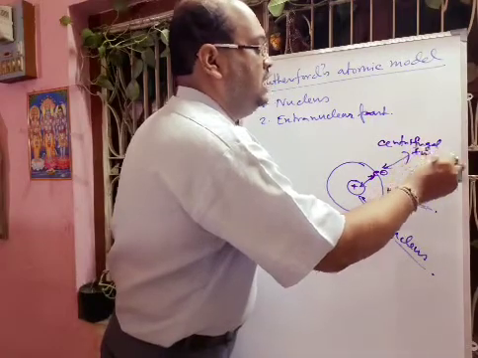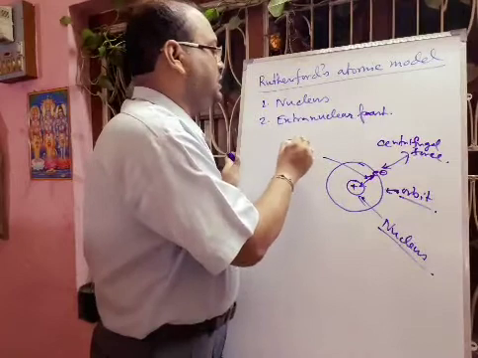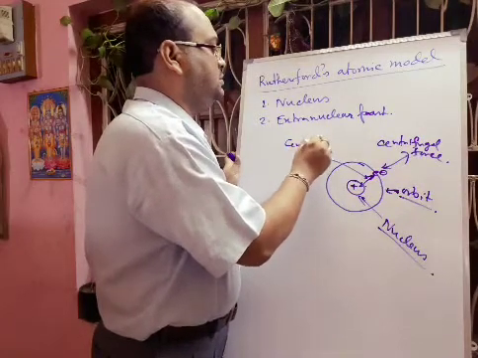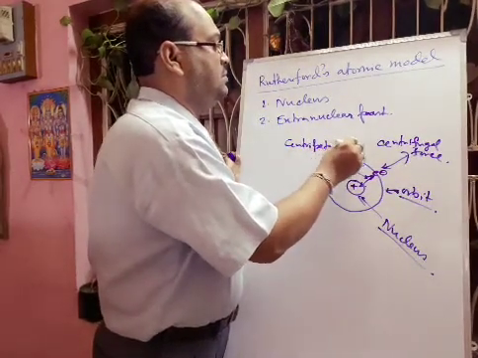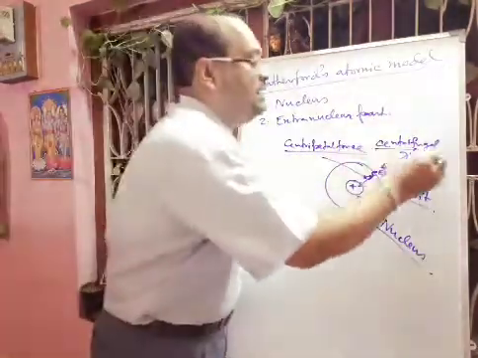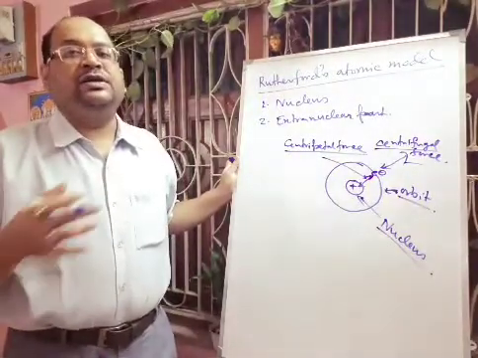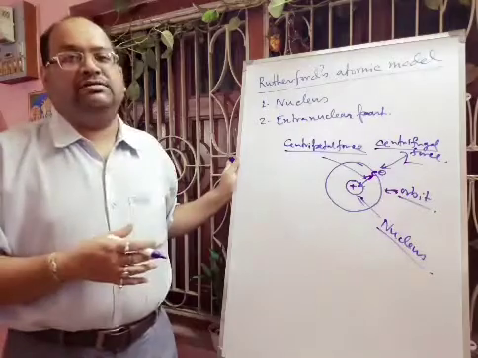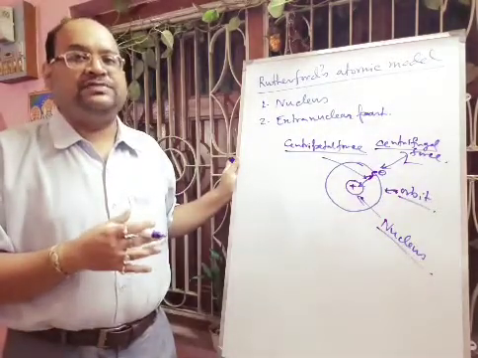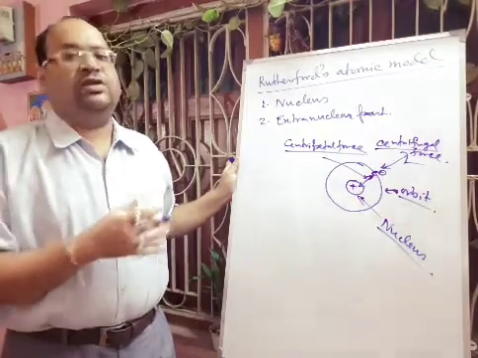And the force acting towards the center, the attraction force, is called centripetal force. You can also call it the Coulombic force of attraction. These two forces balance each other. That is why the electron is not falling inside the nucleus. In this way, Rutherford explained the stability of his atomic model.